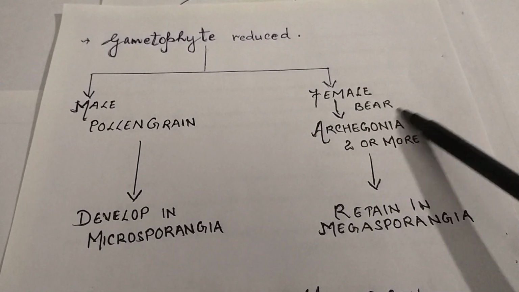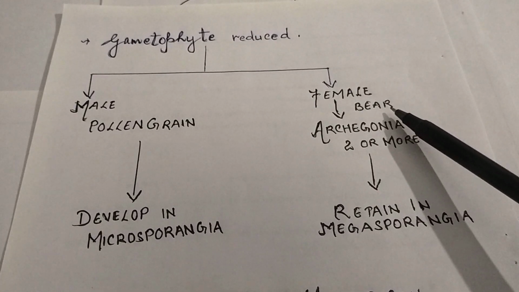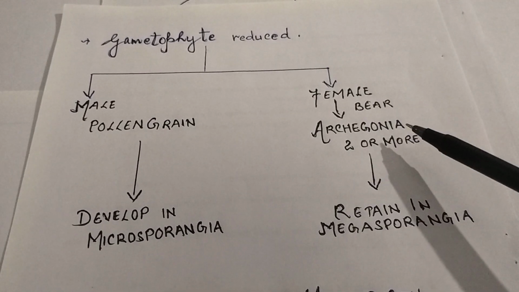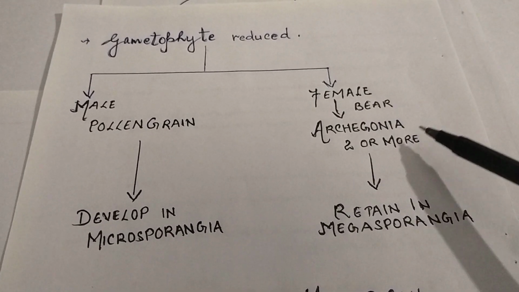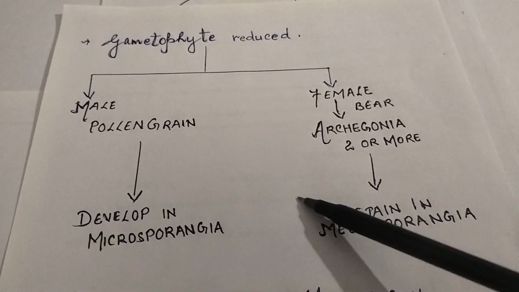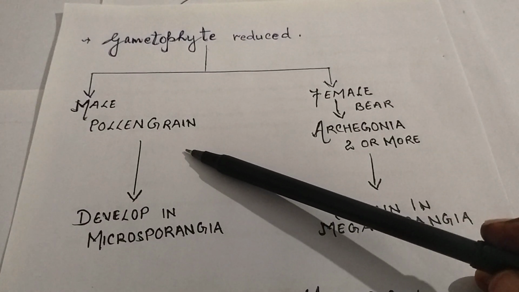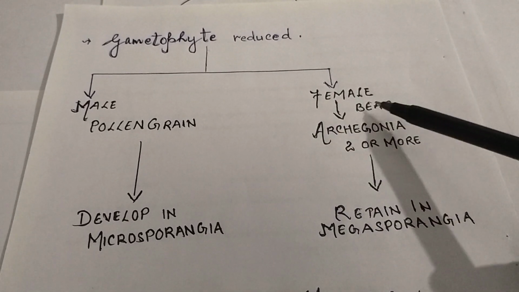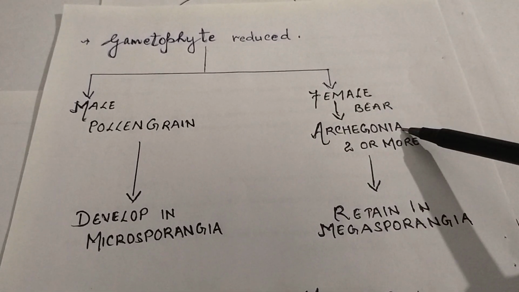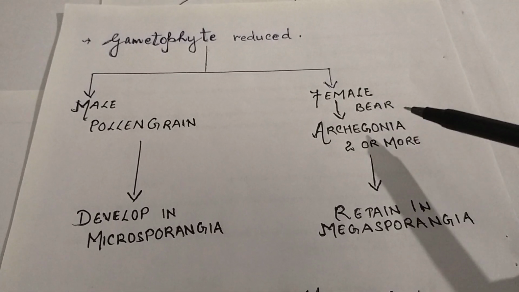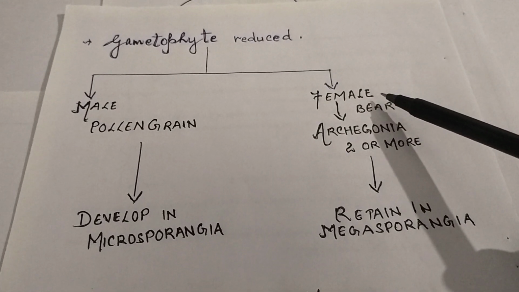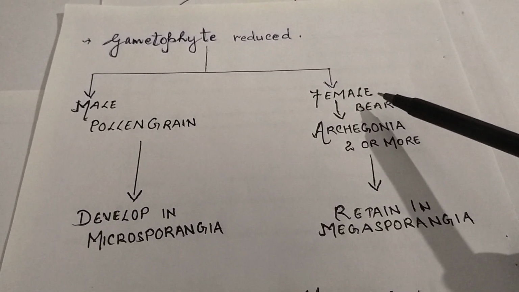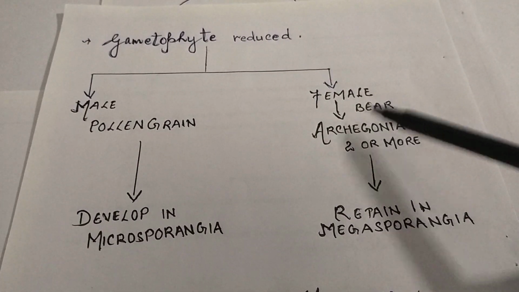Now, the female gametophyte, which is developed from the megaspore, bears archegonia. Okay, see, the male gametophyte is reduced and is known as pollen grain, and the female gametophyte bears archegonia. See, the megaspore mother cell, which is found in the megasporangiophore, is differentiated.